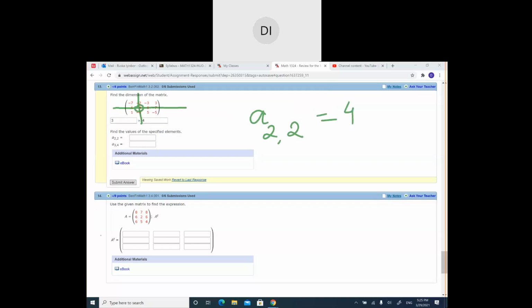Then I need to find what is A34. I'm going to go third row. So the first number is row, the second number is always column. So I'm going to go third row and fourth column. What is the number there? The number is 5. Okay? So these are the answers, 4 and 5.